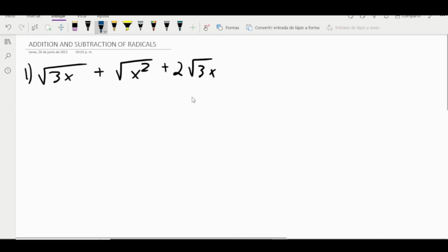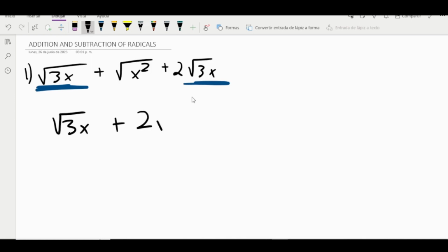Here I have the square root of 3x, here the square root of x squared, and here plus 2 times the square root of 3x. We have the same expression here and here, so I can make the addition: the square root of 3x plus 2 times the square root of 3x.